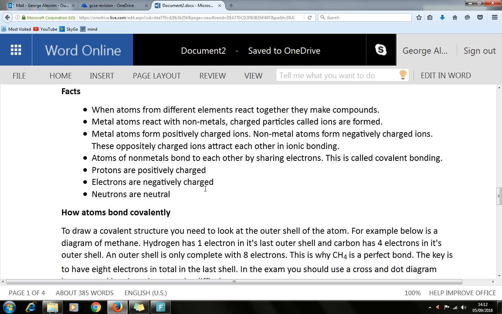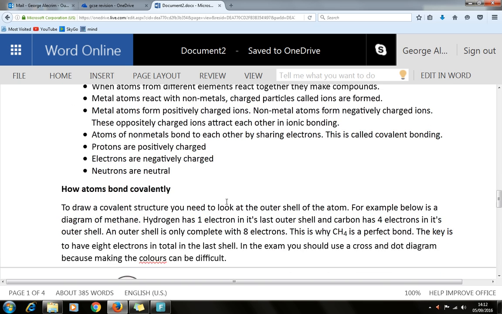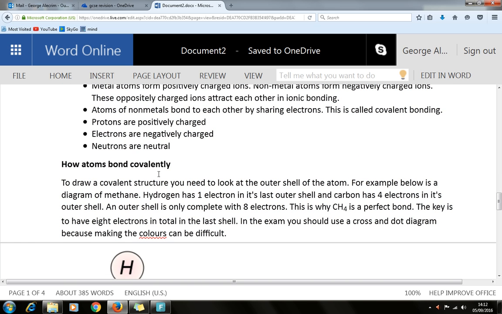As you can see here, these are the fundamental ideas which you should know, and how atoms bond covalently. Now this is important. To draw a covalent structure, you need to look at the outer shell of the atom. The inside shells aren't really that important, because it's the outside that will be sharing or bonding, depending on whether it's covalent or ionic.